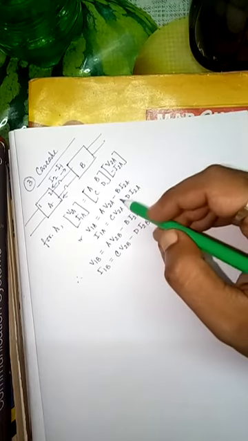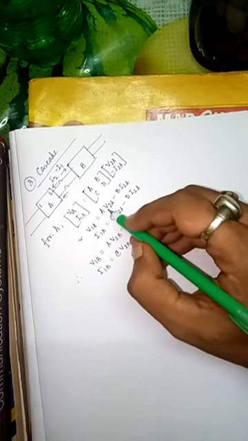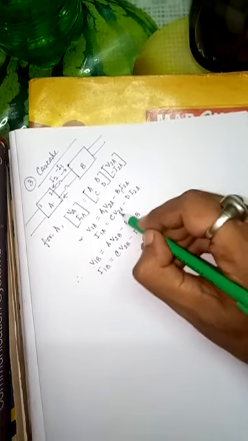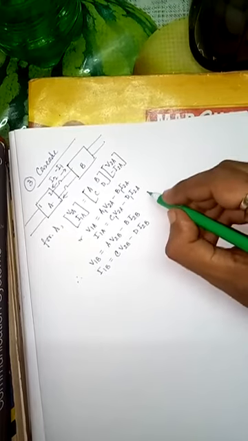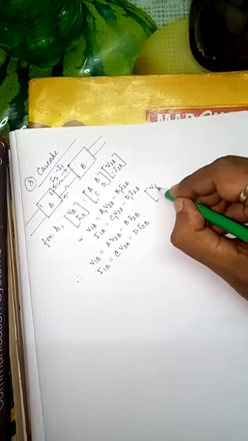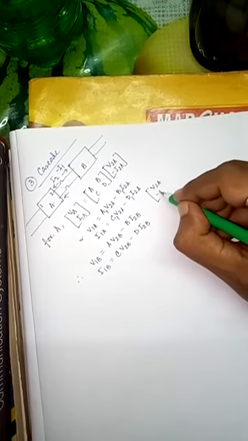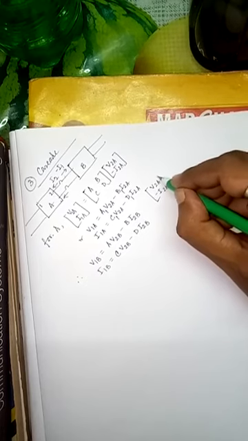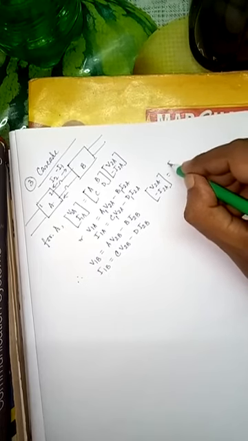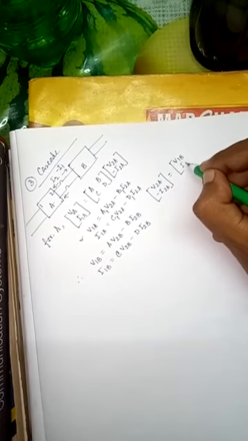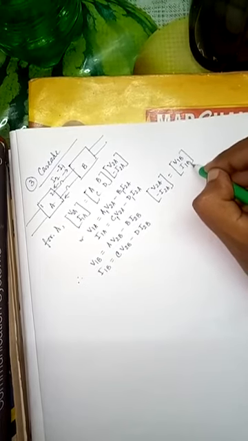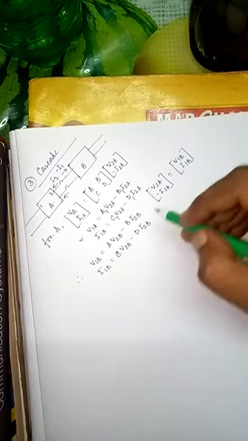So it is ABCD1, we better write it as A1 B1 C1 D1. So as we know that V2A minus I2A is equal to V1B, I1B. So are they equal to each other?